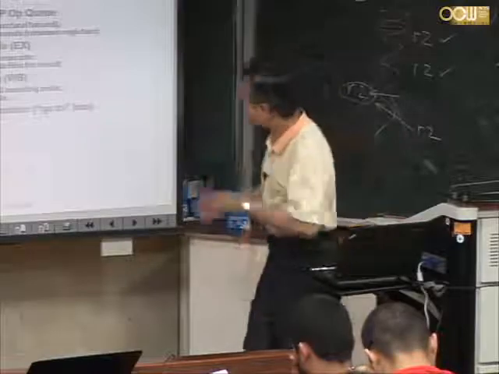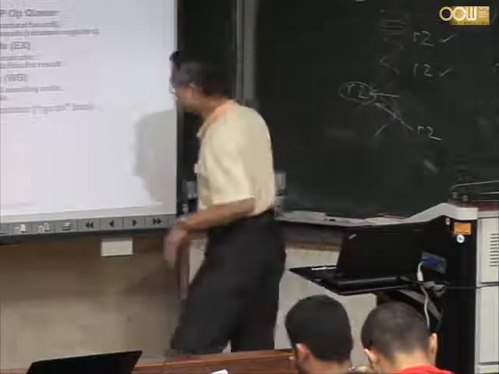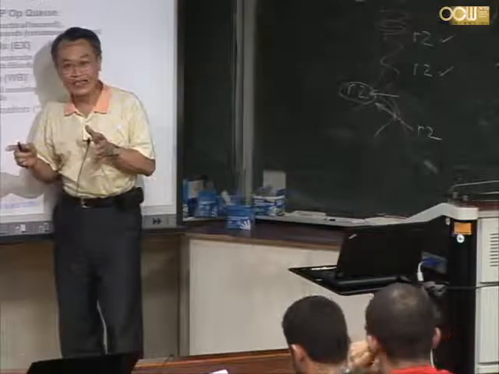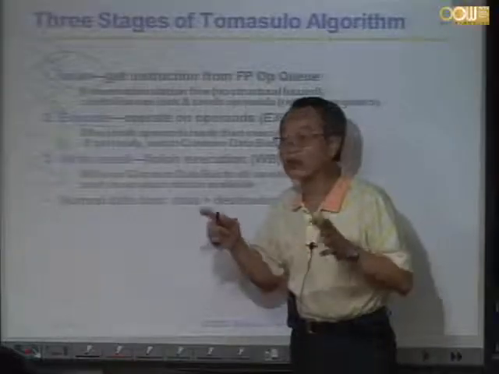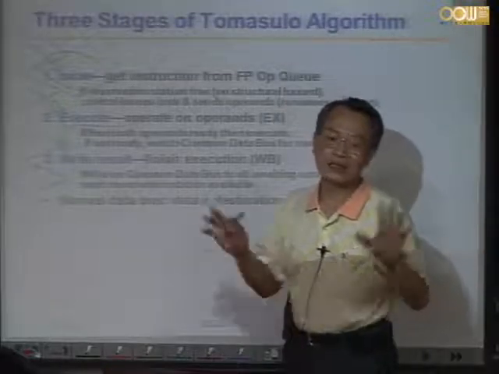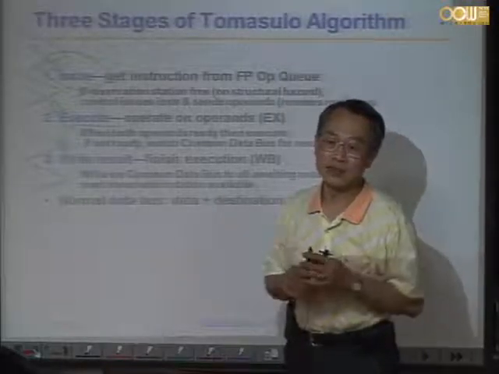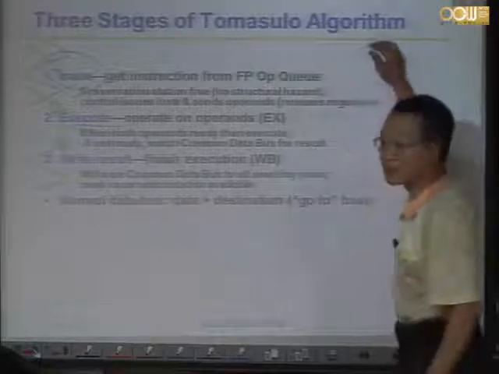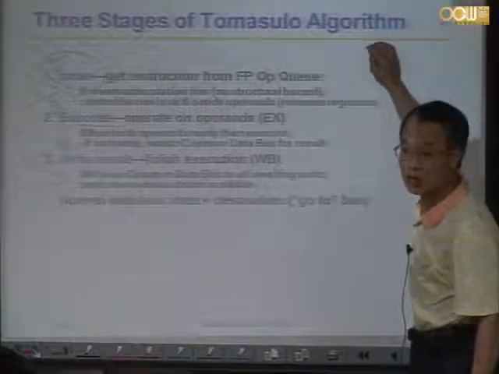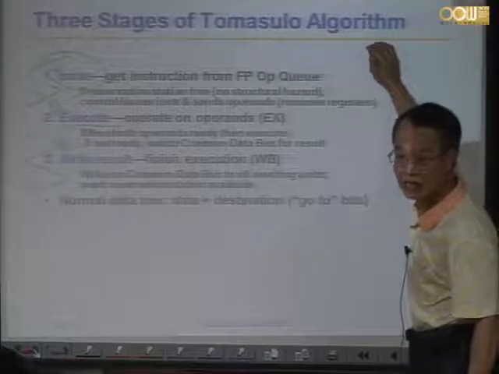Okay, so maybe I said something wrong. When I'm in the reservation station, I need not remember which register I need to write to. I don't need that information anymore. Because if the register still needs me, then it will record my ID.